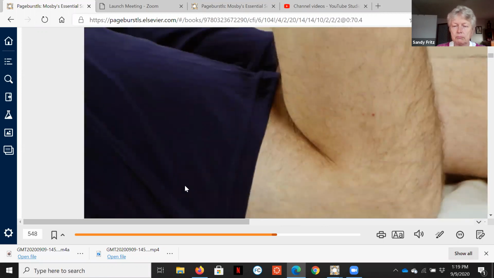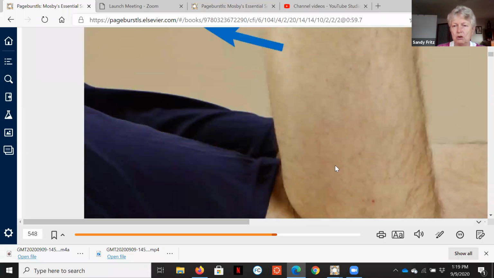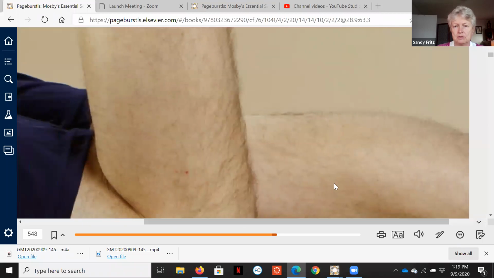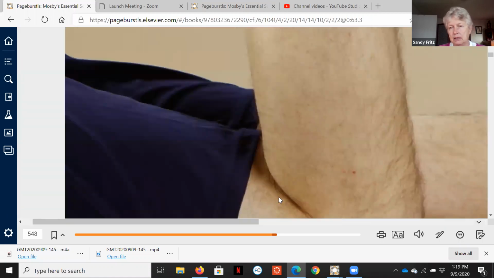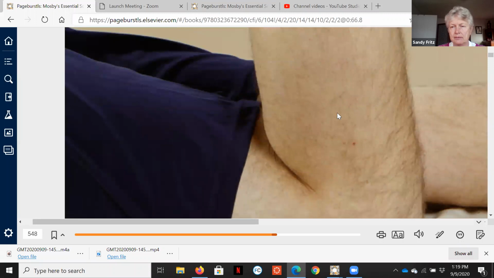So the flexion of the knee should be from 0, which is out flat. This one's at 0. This is the opposite leg. And this one's bent to 90 degrees and a little. There's your 90.